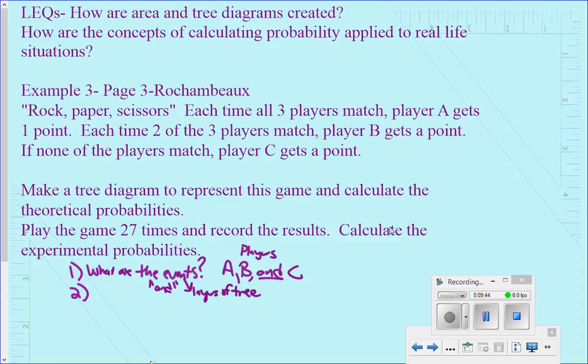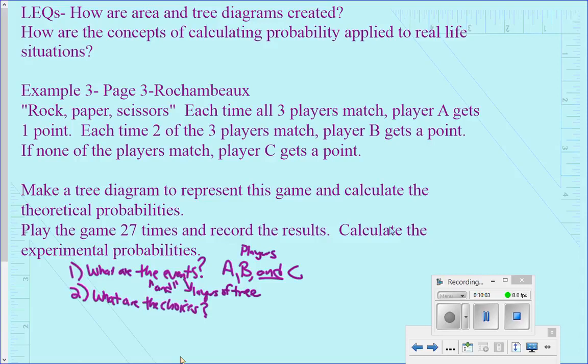The second question is, what are the choices? So every problem, I said you're going to have definites, things that you don't have control over, and then in every problem there's going to be something where the player, or whatever we're talking about, has choices.